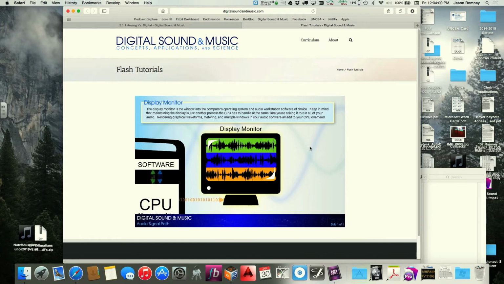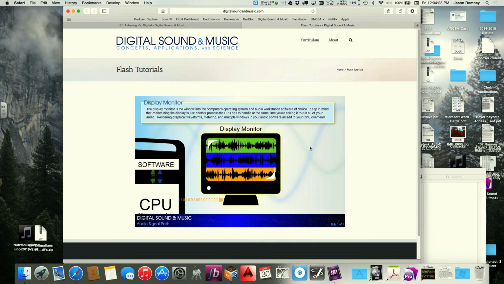Well, when you really start taxing your CPU, it's going to start prioritizing tasks. It's going to say, I'm having a hard time keeping up with all this work, so what is the most important stuff? And guess what? Audio is prioritized over screen refreshing.